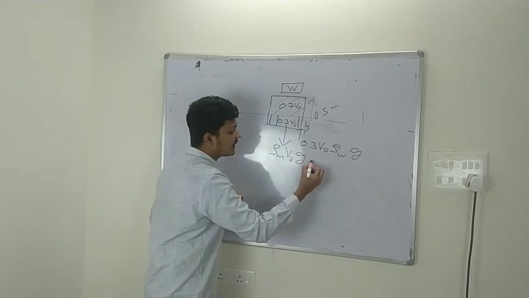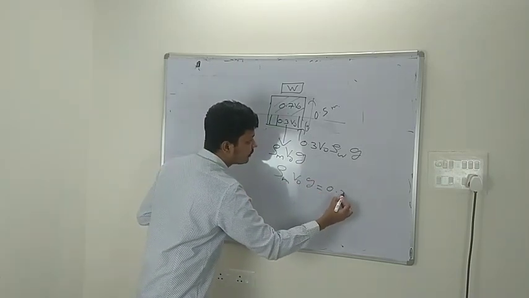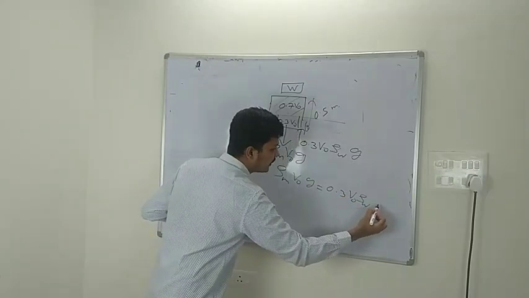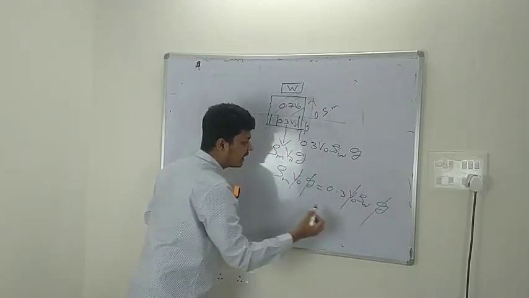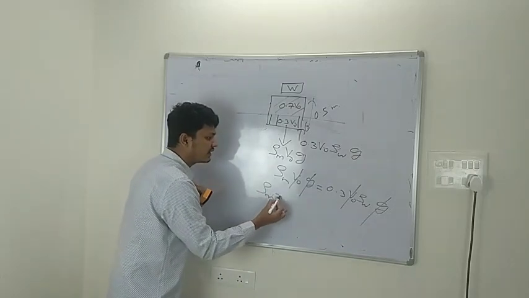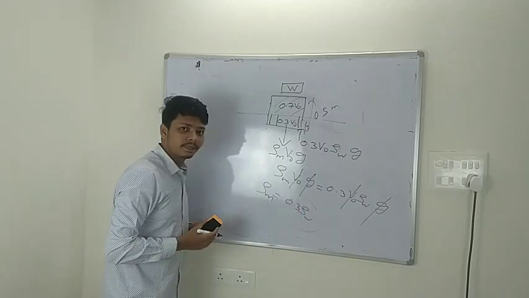So these two are equal: rho m V naught g is equal to 0.3 V naught rho W g. So we get the density of the material is 0.3 times the density of the water.